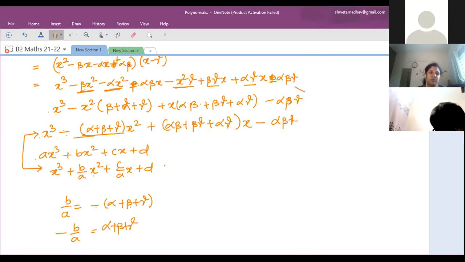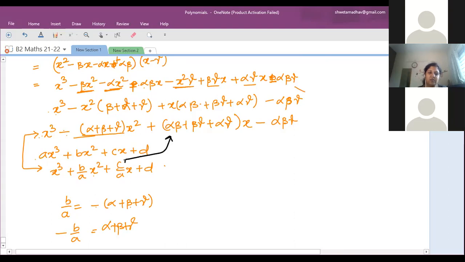Yes, ma'am. Now if you compare this, dividing with a, then you get d by a. See, this and this values are the same. So the value of c by a is equal to alpha beta plus beta gamma plus gamma alpha. And the value of d by a is equal to minus of alpha beta gamma.